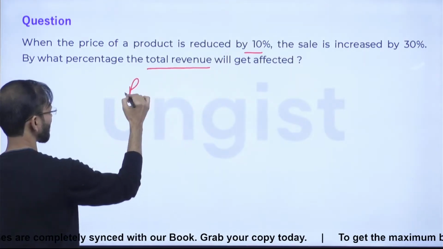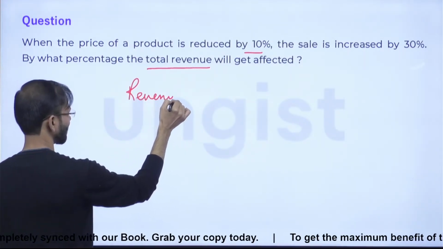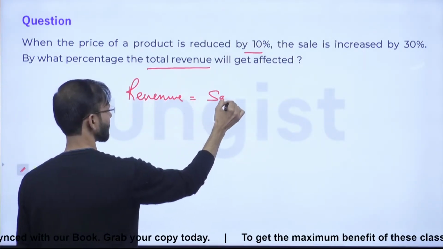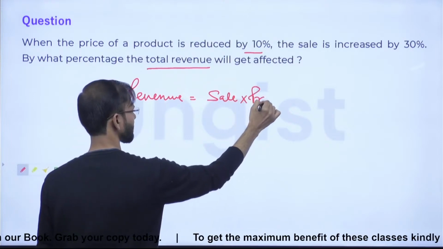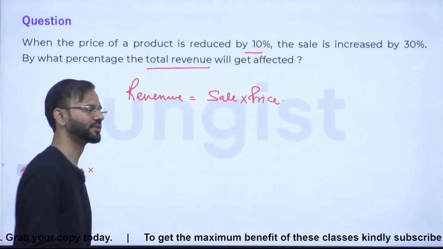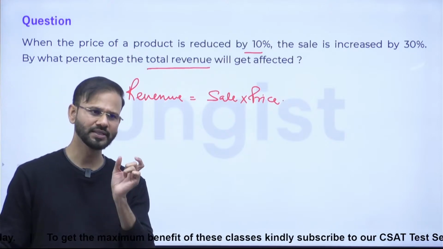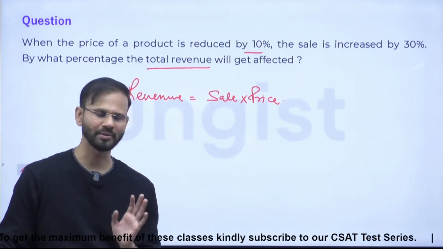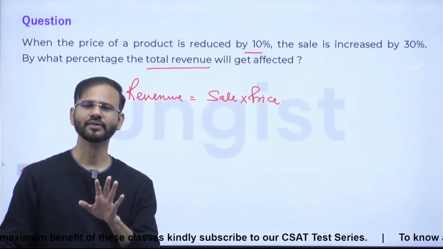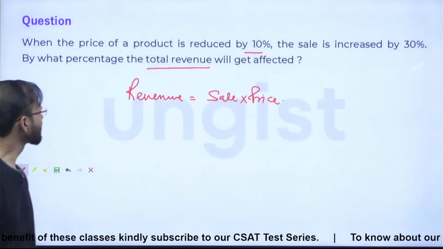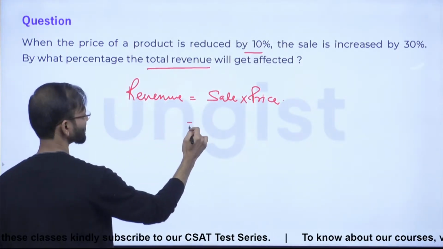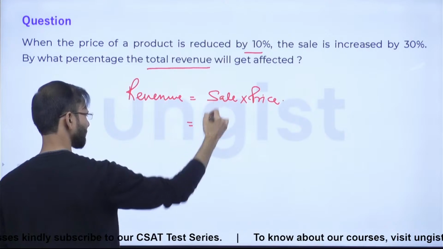Revenue is sale into price. Price of one ticket into number of tickets sold is equal to the revenue that we have collected, right? So this is again the product of two quantities. The first is price and the second is sale.